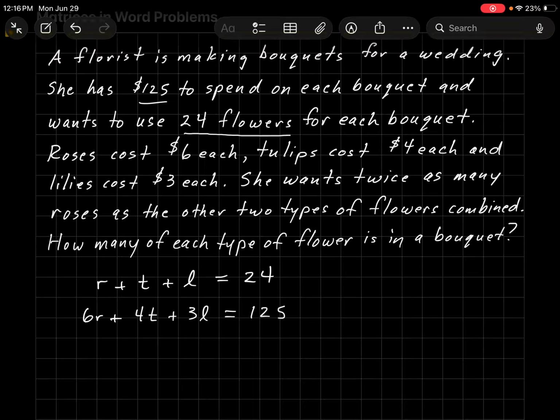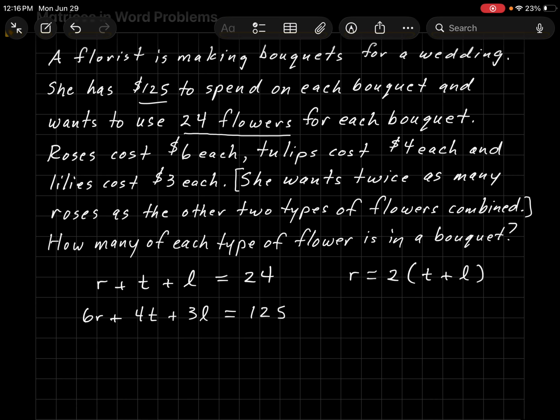There's one more piece of information given that we can use to get the third equation. And I'm going to start by writing it on the side. The third equation comes from this sentence. The florist wants twice as many roses as the other two types of flowers combined. So I know that roses is twice as many as the other two combined.